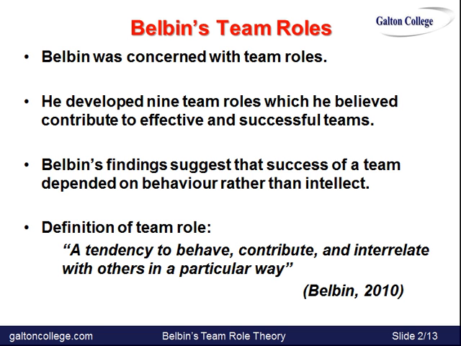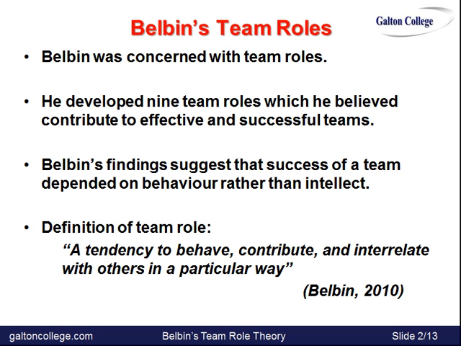Belbin's findings suggest that success of a team depends on the behavior rather than intellect. So it's the behavior of the team, the members of the team, that's important. Now, the definition of a team role, well, it's a tendency to behave, contribute, and interrelate with others in a particular way.